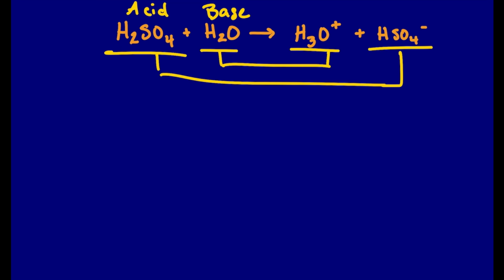Now we want to think, well, what is the hydronium ion going to do in the reverse direction of this reaction? Since it has that positive charge, it will become the conjugate acid. And then our HSO4 minus is going to become our conjugate base.